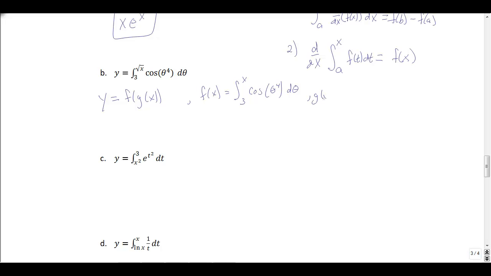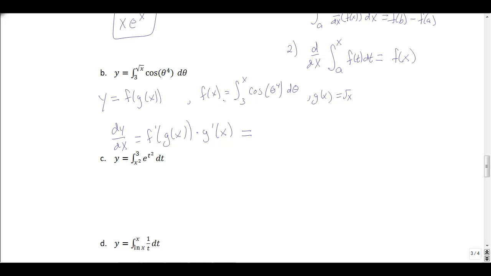And then g of x, I want f of g of x to be y. g of x is then square root of x. So if I put in a square root of x where the x is, I get y here. So I can write y as a composition, and that means by the chain rule, dy/dx should be f prime of g of x multiplied by g prime of x. So this is our chain rule here for derivatives.